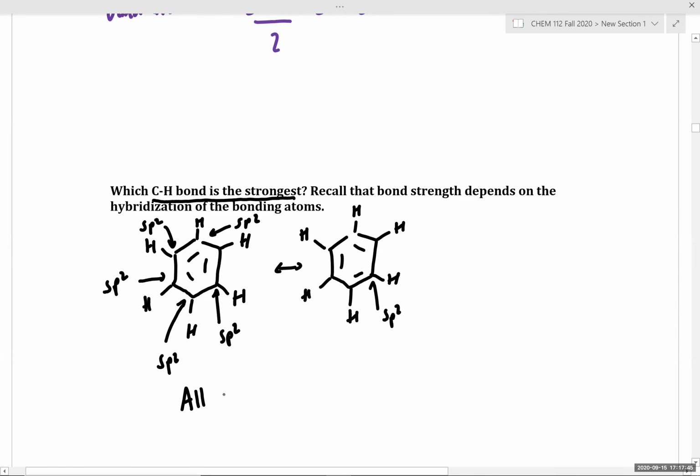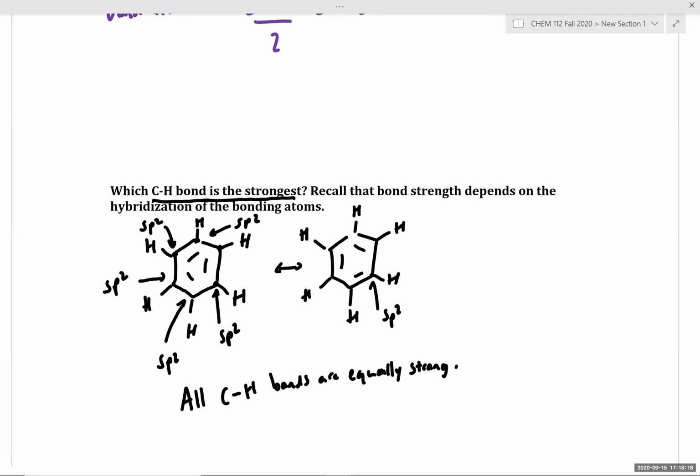So we would conclude that all of our carbon-hydrogen bonds are equally strong in this structure, because there's no discernible difference between the carbon used for bonding and the bond order. But it's really important to identify the hybridization of your bonding atoms because that directly impacts bond strength.